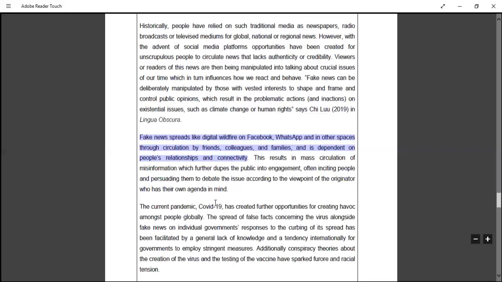The last one, the current pandemic, COVID-19, has created further opportunities for creating havoc amongst people globally. That's a closing one. Now we are experiencing a pandemic, COVID-19.